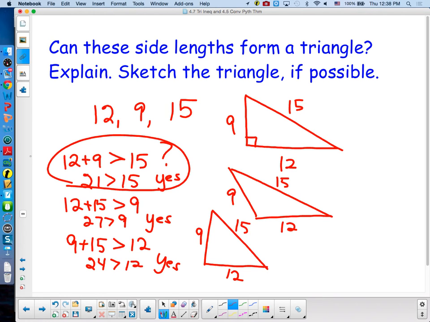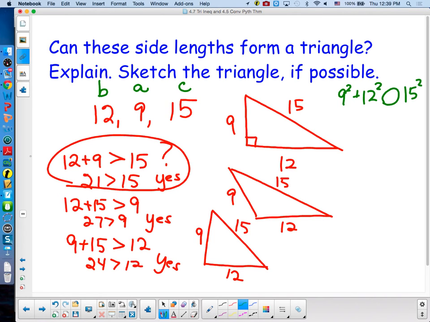A would be the 9, B is 12, and C. Now your A and B, she could switch those, but the C always has to be the longest side. Okay, so let's try 9 squared plus 12 squared compared to 15 squared.